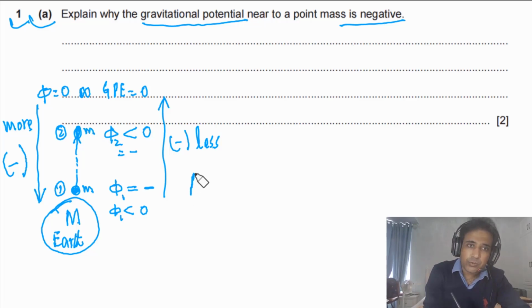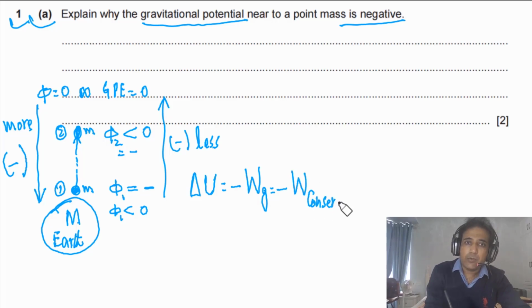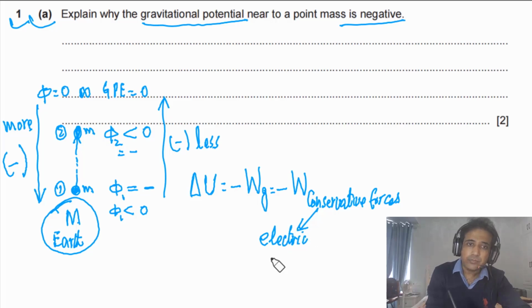We can also write down a general rule for this one. Change in potential energy is equal to the negative of the net work done by gravity, or we can generalize, the net work done by conservative forces.